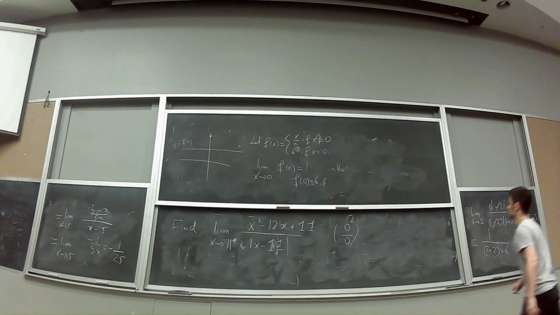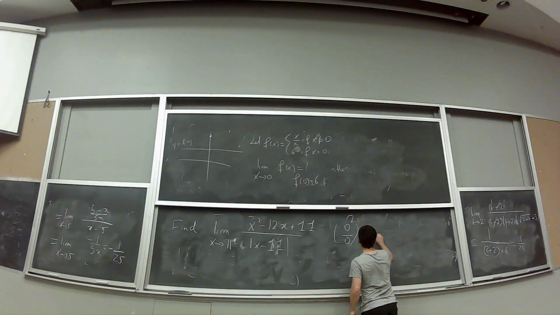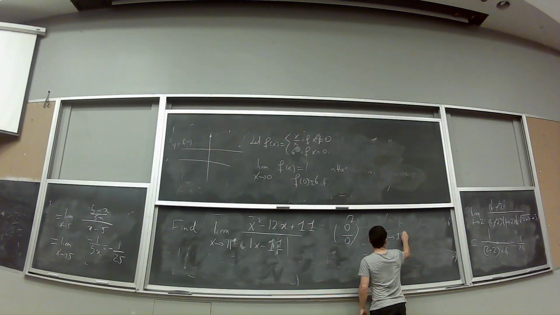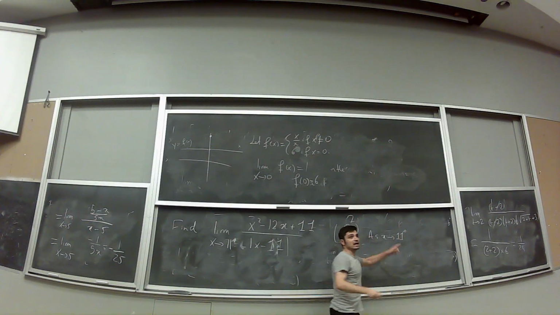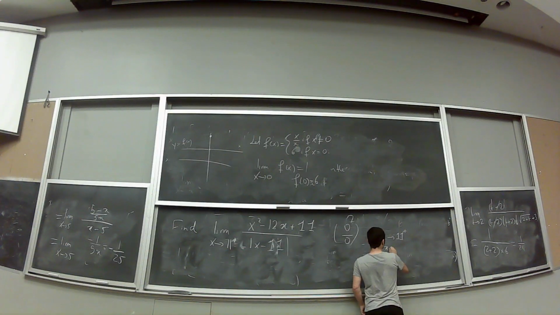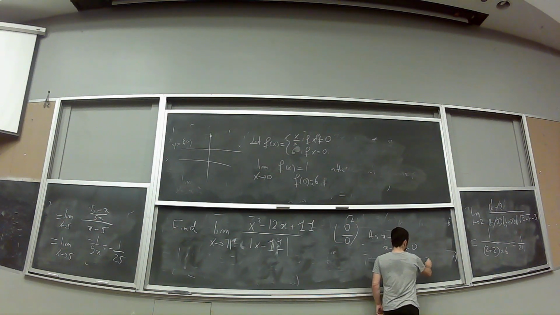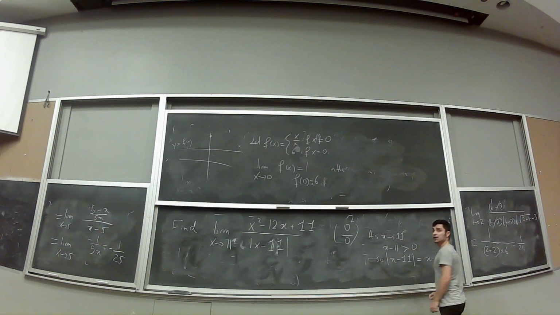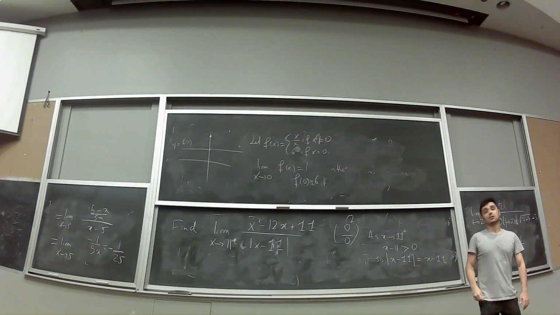Strictly bigger than 11. So as x approaches, what can I say about x minus 11? Is it positive or negative? Positive. x minus 11 is positive. So what is the absolute value of x minus 11? It is equal to itself. You agree or not? Everybody, do we agree or not? Yeah. Okay.